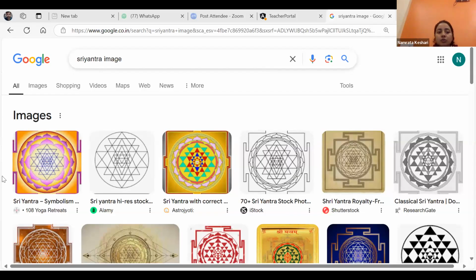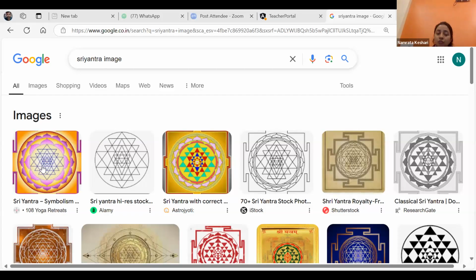Okay, now here also we can see there are triangles, and that too isosceles triangles, you can see that, right? Yes, ma'am. So even without knowing the name of the shape, without having that much understanding of geometry, they were drawing such shapes, and that's an isosceles triangle.